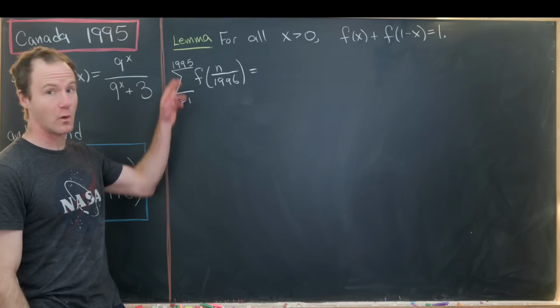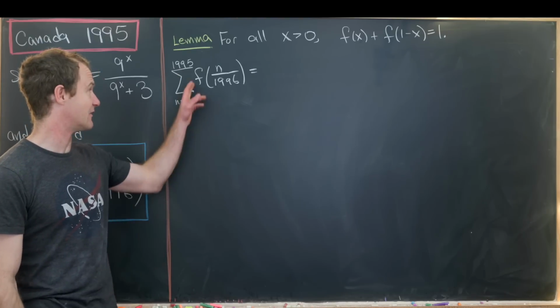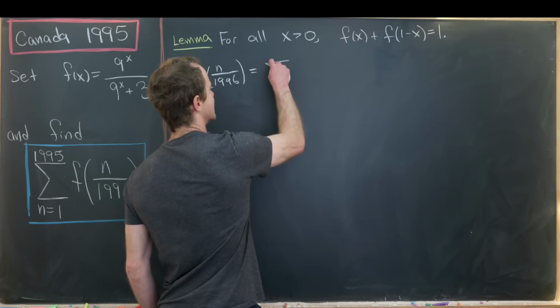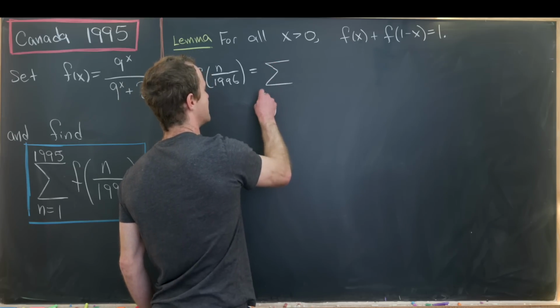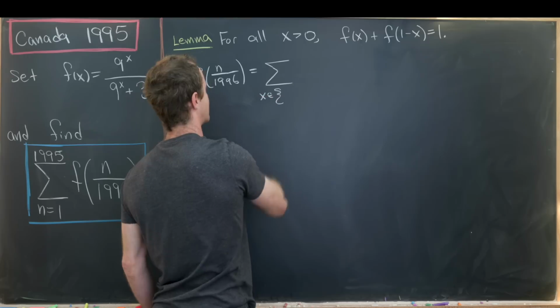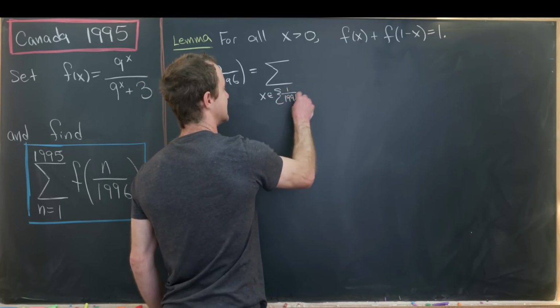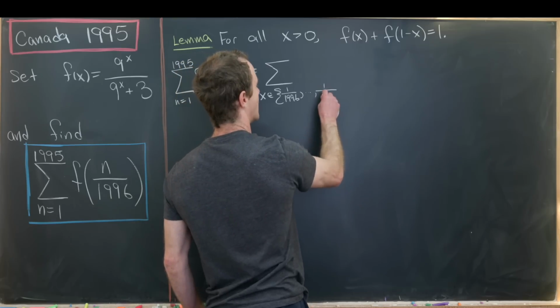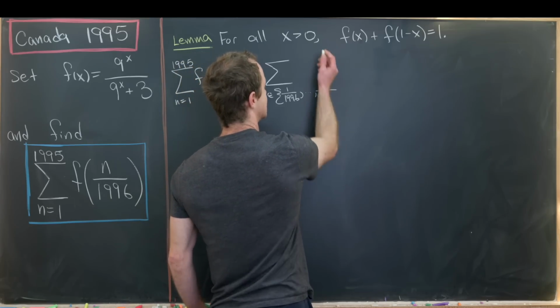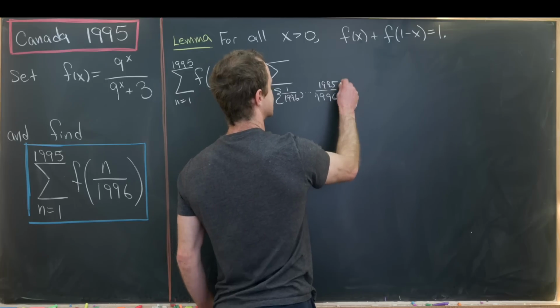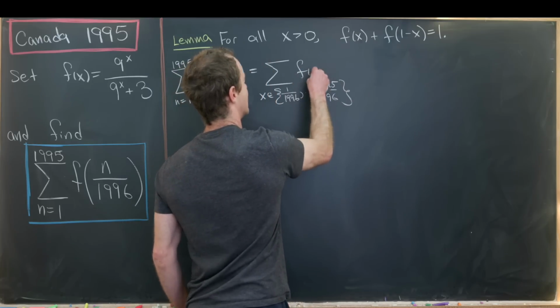We've got the sum as n goes from 1 to 1995 of f of n over 1996. So I'm going to write this as the sum as x goes from the set 1 over 1996 all the way up to 1995 over 1996 of f of x.